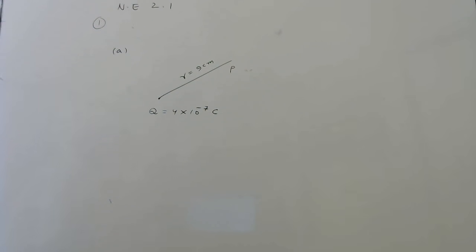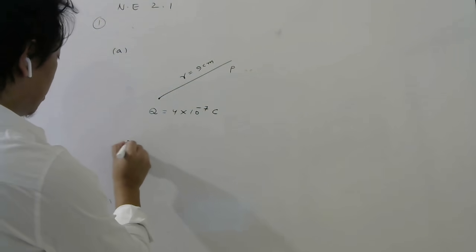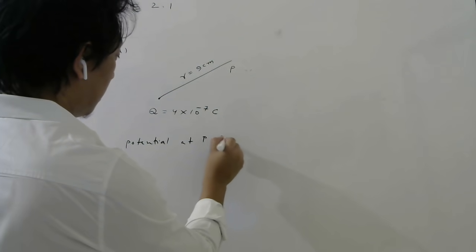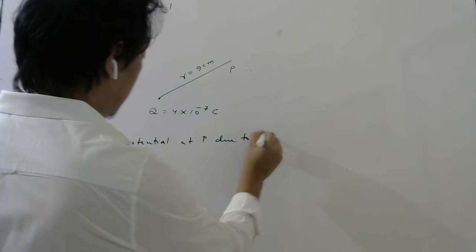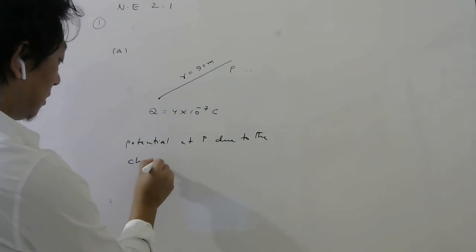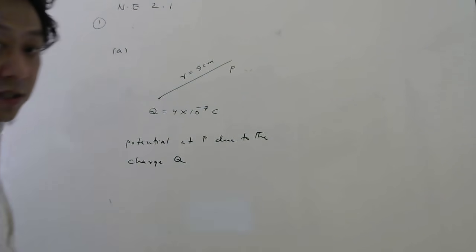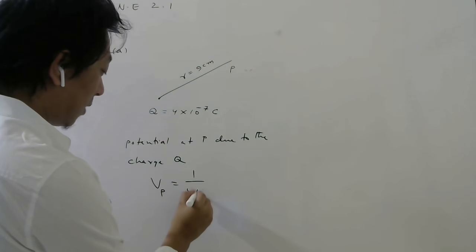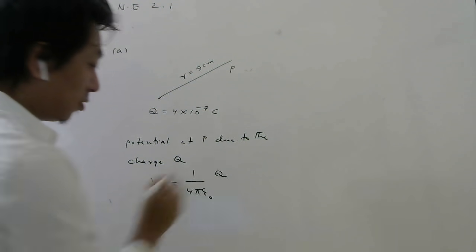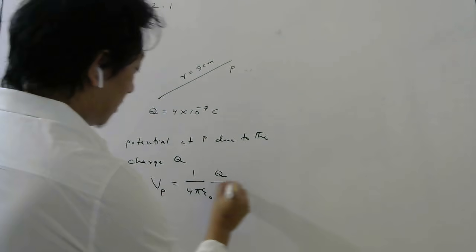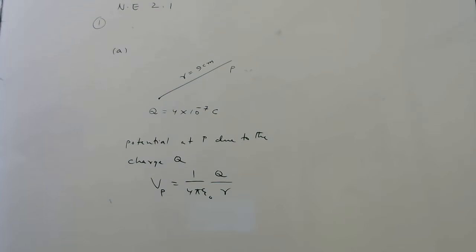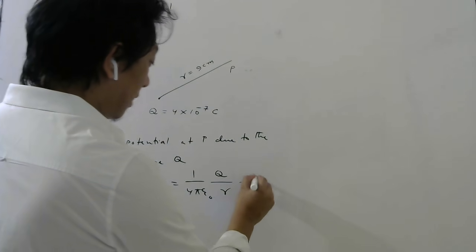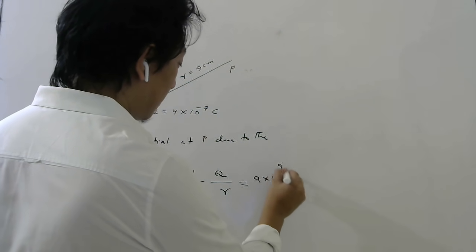So first you have to calculate the potential. The potential at P due to the charge capital Q: since it is a point charge, we can use the formula that we derived, 1 by 4 pi epsilon naught times the value of the source charge divided by the distance between the source charge and the observation point. This constant value is 9 into 10 power 9.